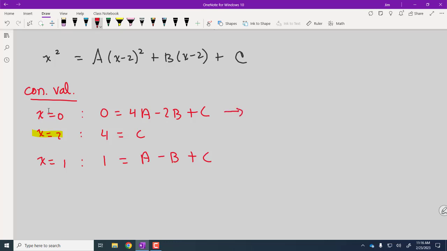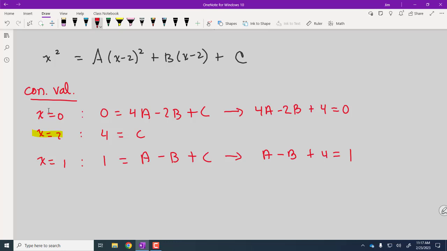So this equation here is going to be 4a minus 2b, right there, plus 4 equals 0. And this equation right here is going to be a minus b plus c, which is 4, equals 1. So plugging in the c that we already found into both of those equations.